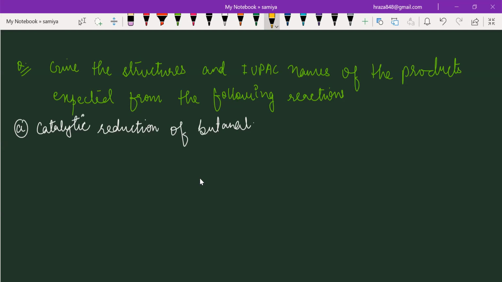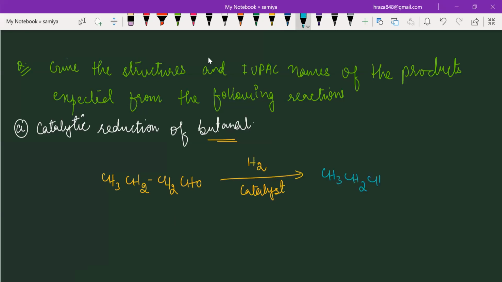That means it will be butanol, not propanol. How can one carbon be lost? Are you getting my point? The product is butanol, not propanol. Yes, sir, I said propanol.